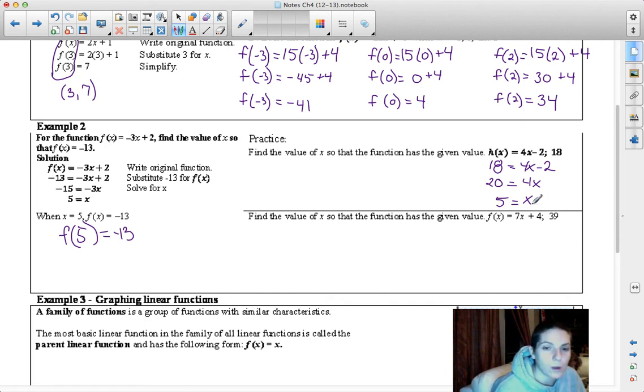You're welcome to show any step along the way, all of the steps, some of your work, whatever makes you most comfortable. But this is the minimum I need to see in a problem like this. I'm going to go ahead and do f of x. You show as much work as you would like. I'm going to show all my work when I do f of x.